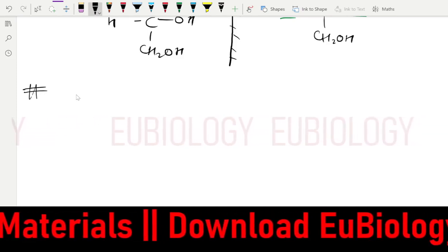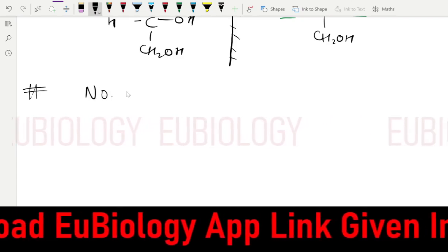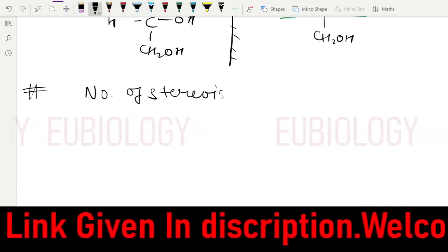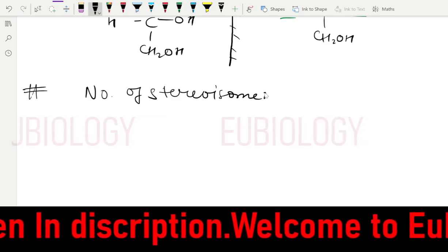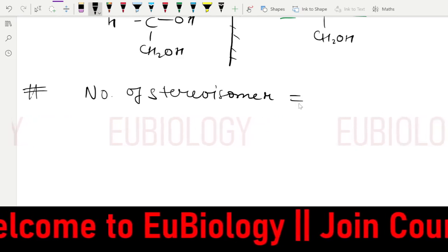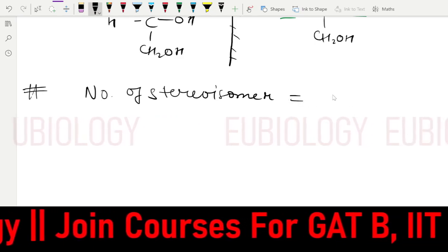Remember the number of stereoisomers, how many stereoisomers can be found from a compound. It is not universal, it is just a generalized method.